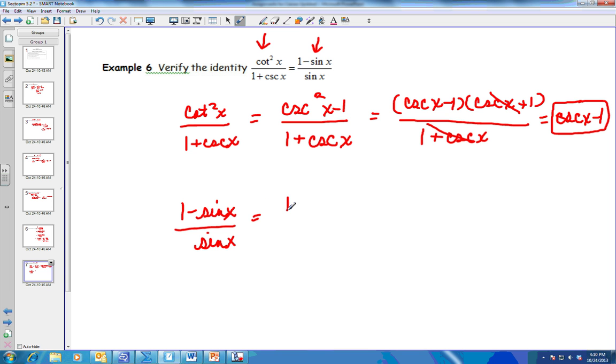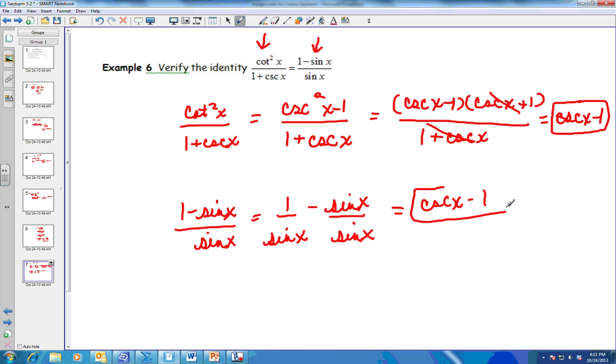I can rewrite this as 1 over sine x minus sine x over sine x. Well, what's 1 over sine x? That's cosecant x. What's sine x over sine x? That's 1. So there's my work. Your work verifies that it is an identity.